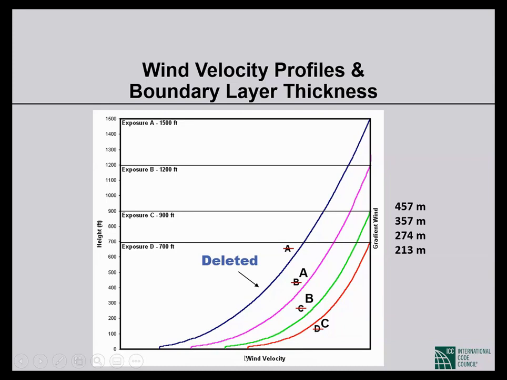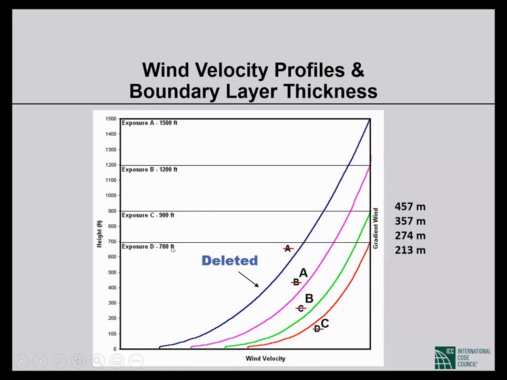Now, this slide tells you that the smoother the ground, the quicker the wind velocity picks up with height. So if exposure is C, wind velocity picks up very quickly. If exposure is B, then wind velocity increases with height much more slowly, as shown in the picture. And these heights that are given are the thickness of the boundary layer.